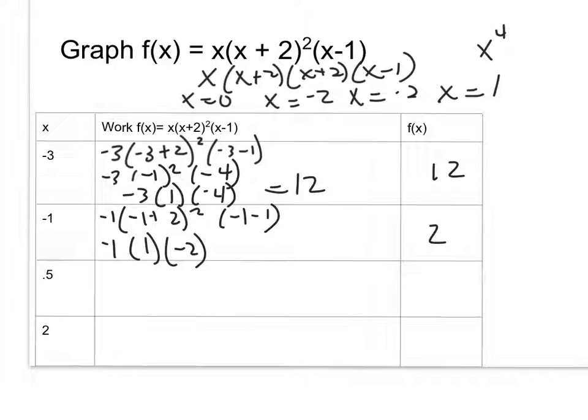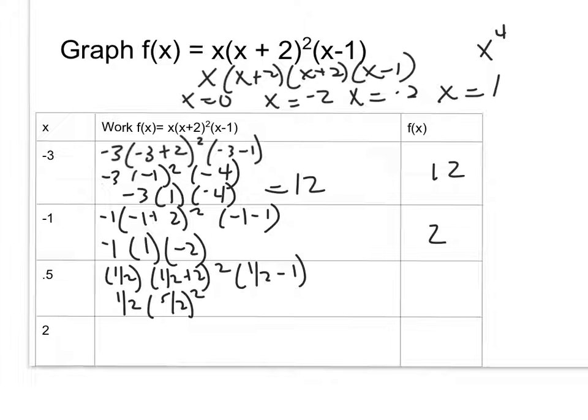Then I'm going to put in a half, so a half times 1 half plus 2, quantity squared, times 1 half minus 1. So this is a half times 2 plus a half is 2 and a half, which is 5 halves, so 5 halves squared, and then 1 half minus 1 is negative a half.